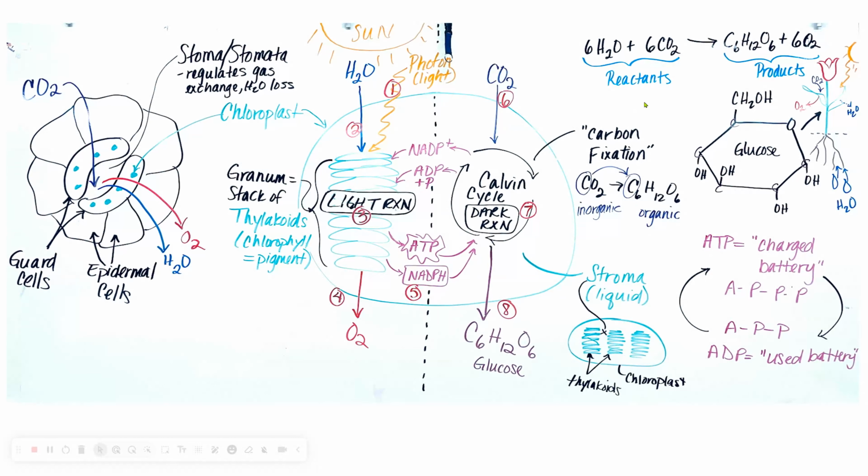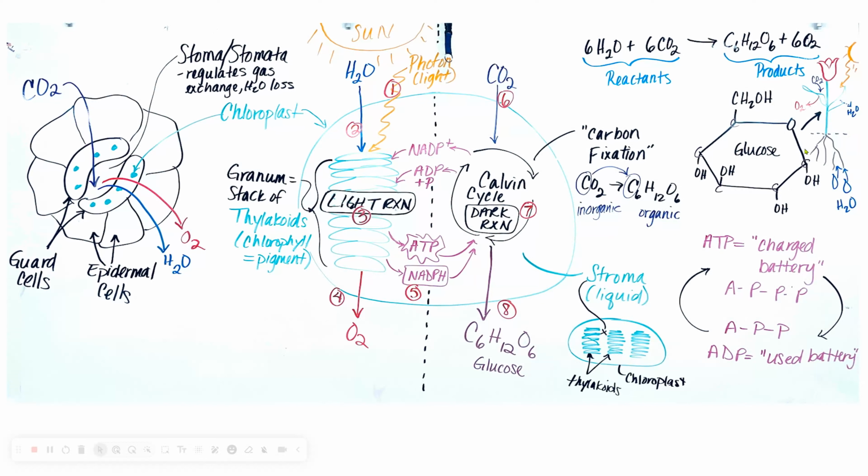And if we look up here on the top right of our photosynthesis equation, we'll see 6 waters and 6 carbon dioxides are our reactants, which make the products of glucose, C6H12O6, and 6 oxygens. The oxygen from the water ultimately becomes the oxygen that's released by the plant, and the carbon in the carbon dioxide becomes part of the glucose that the plant will then use.